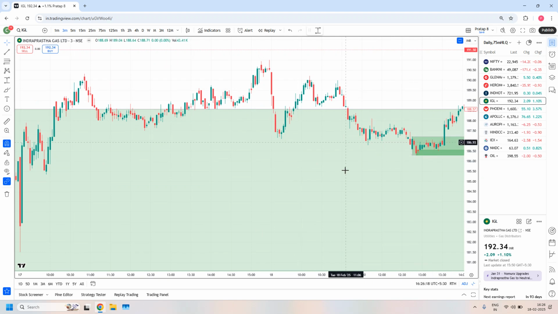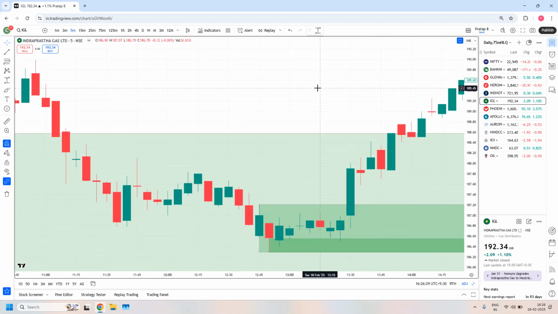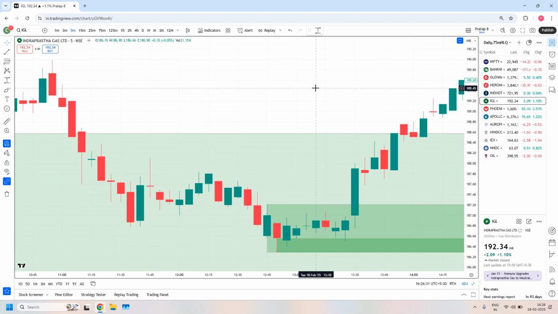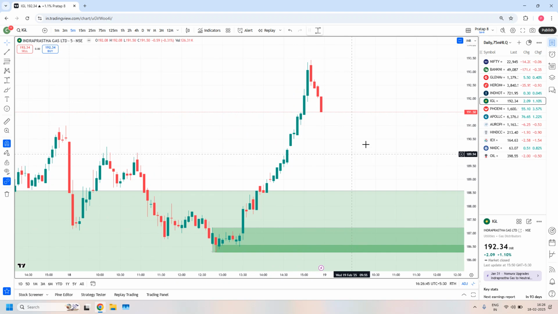Okay, this is the only fine-tuned zone, and that too for the 3-minute time frame, because the 5-minute structure is not clear in this zone. Anyway, in this one also we did not get a trade today.